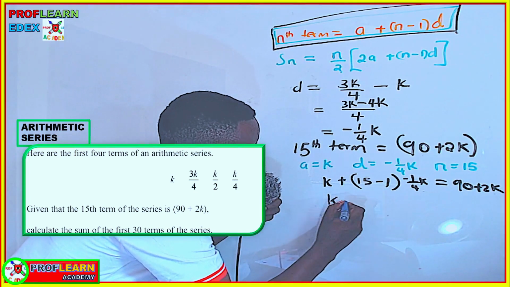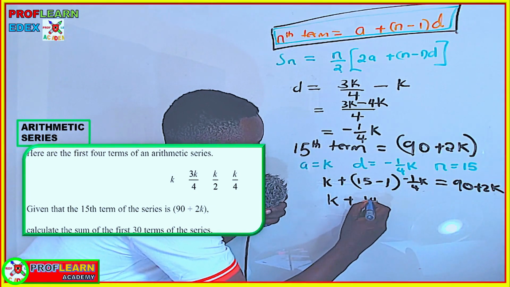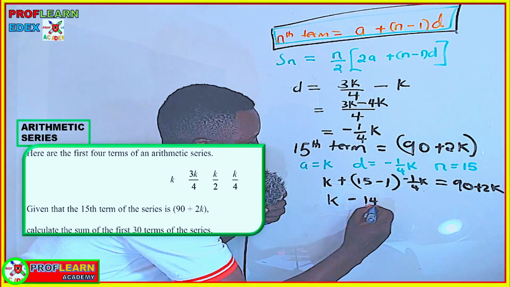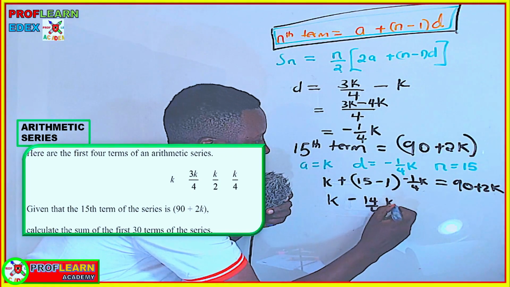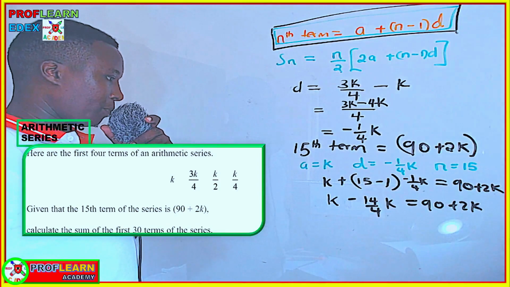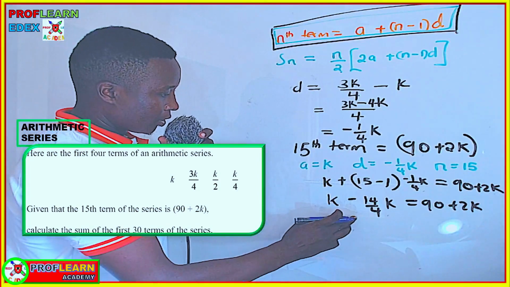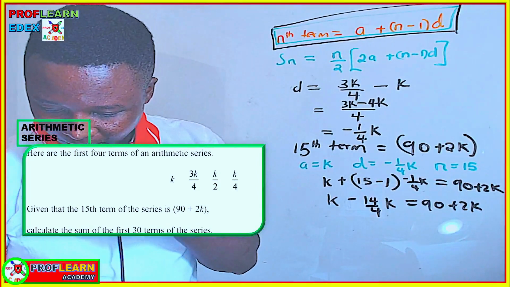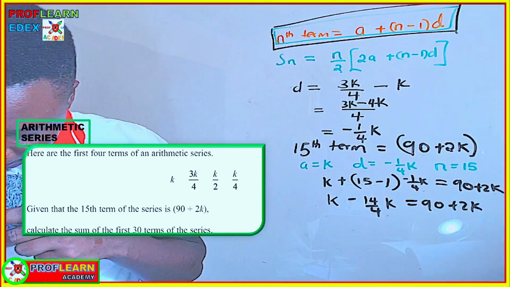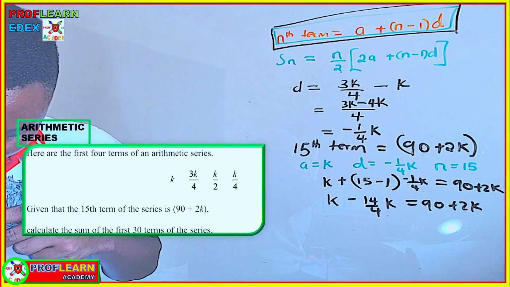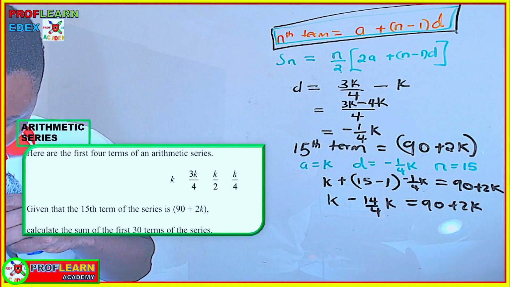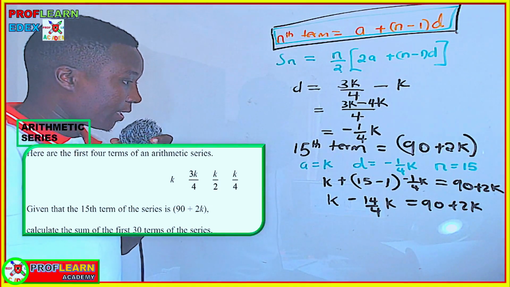So we shall have k plus 14, which is going to become negative 14 over 4k, equals 90 plus 2k. We put the like terms together: 1 minus 14 over 4 is going to translate to negative 5 over 2k.